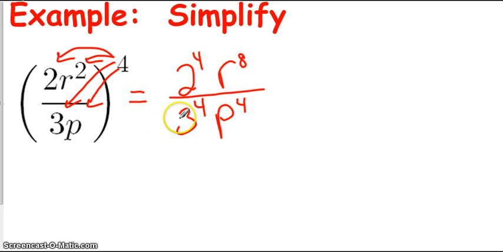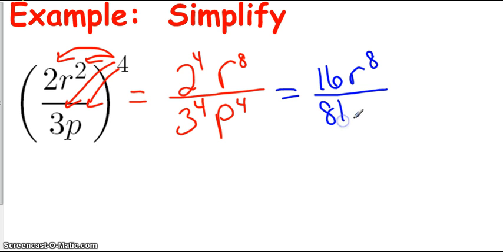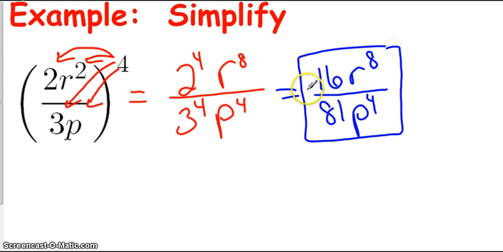This is a very common mistake here. Don't forget to distribute the 4 to the coefficients. It absolutely goes to all of them. Work it out. 2 to the 4th is 16, r to the 8th over 81, p to the 4th. There's nothing else you can do here. You can't reduce the 16 and the 81, so you leave it like that.